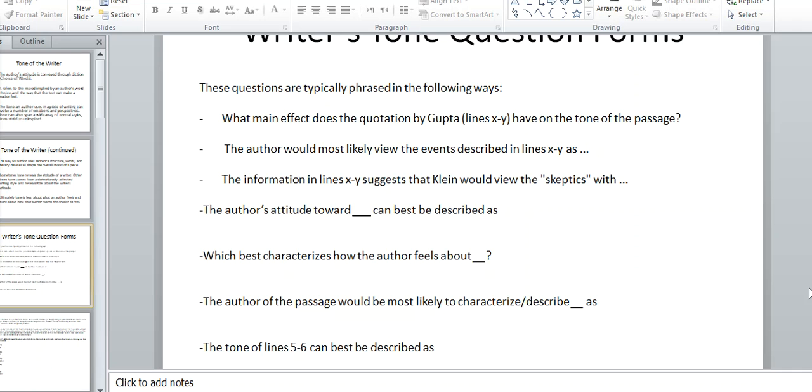So all of these are different forms of attitude and tone questions. Whenever you see these type of questions, remember to always look for the tone and attitude. All of them are asking for the same thing.